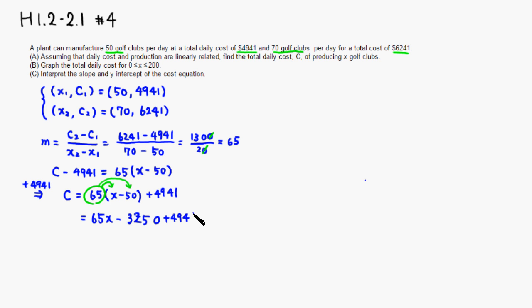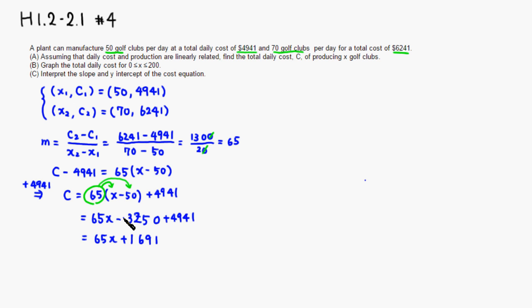Alright, so if you simplify that, 65x is nice already. Alright, so let's see. So it's going to be 1 minus 0 is 1. 4 minus 5, so you have to borrow 1, so it's going to be 9. 8 minus 2 would be 6. And then 4 minus 3 is 1. Alright, so we have that.